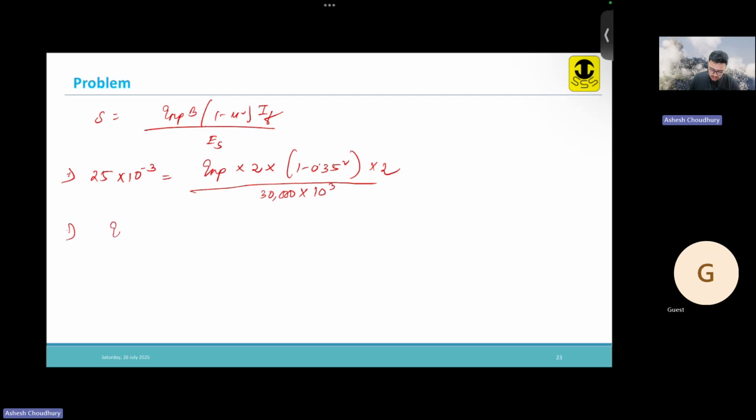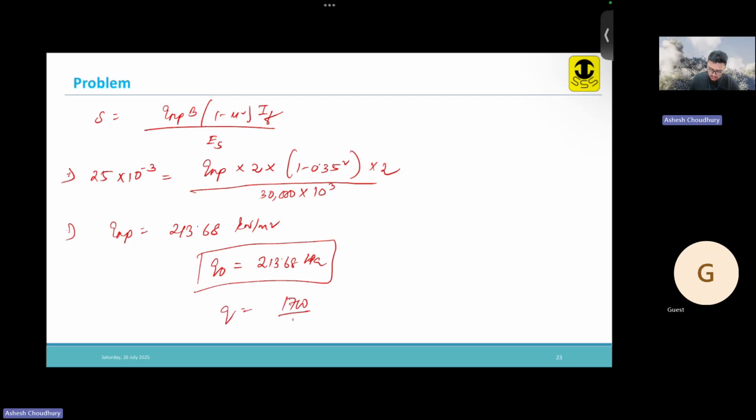So from here you will get Q1, 213.68. So my Q naught now becomes 213.68 kPa, and my Q will be 1700 by 2.